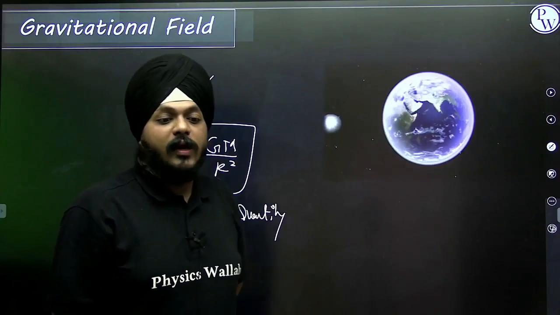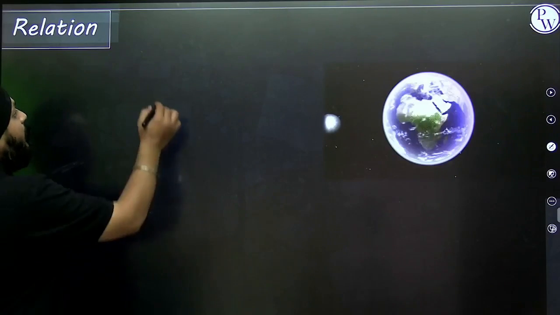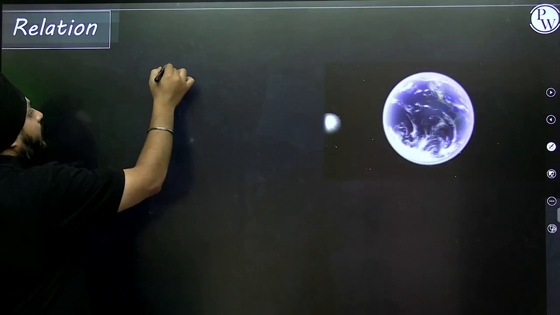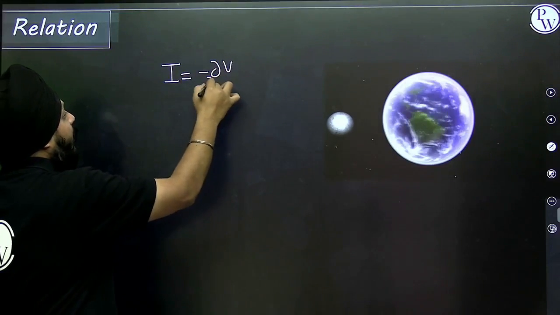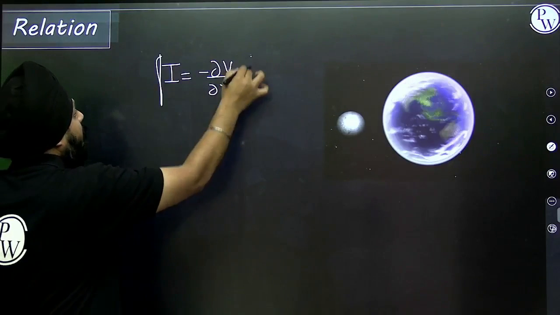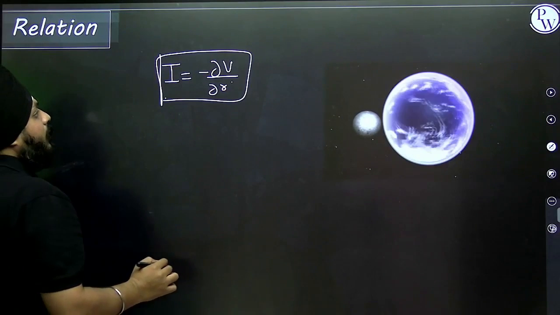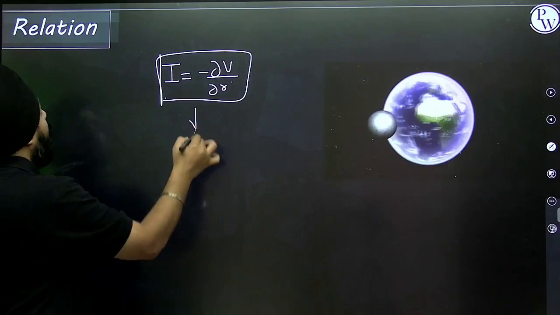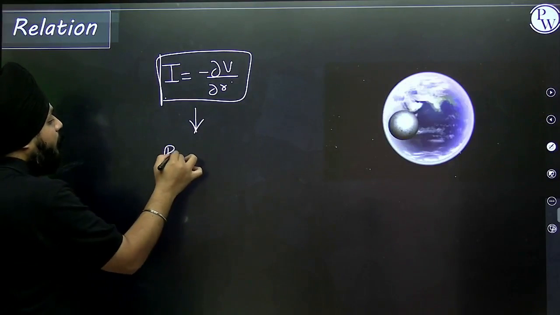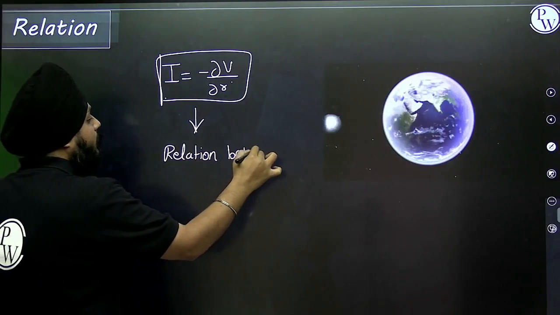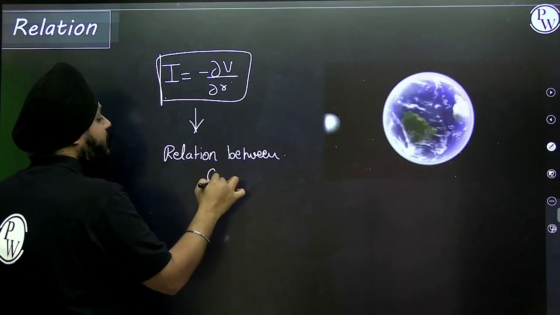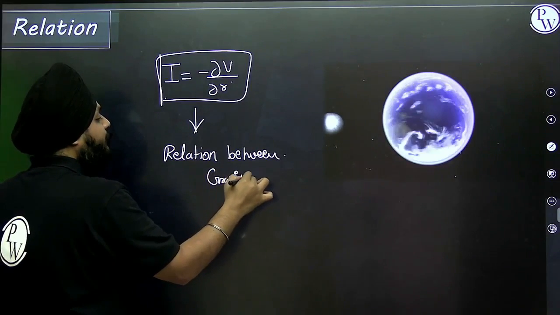That is the relation between the field and the potential, defined as I is equal to negative of del V by del R. This you all are aware of, the relation between the gravitational field and potential.